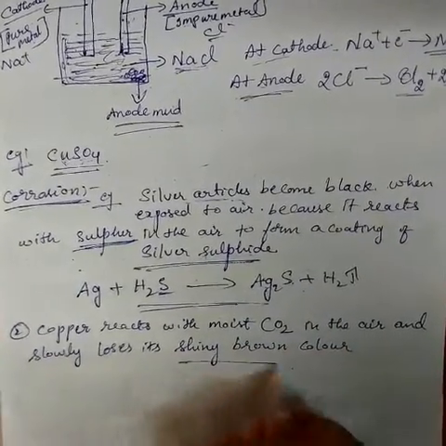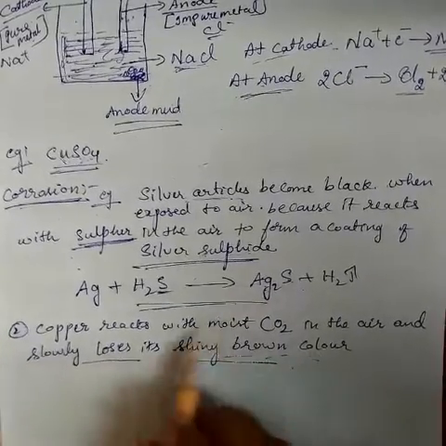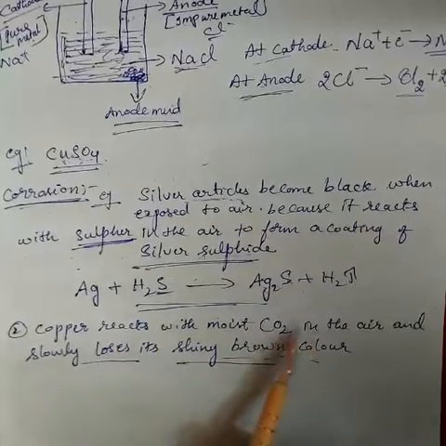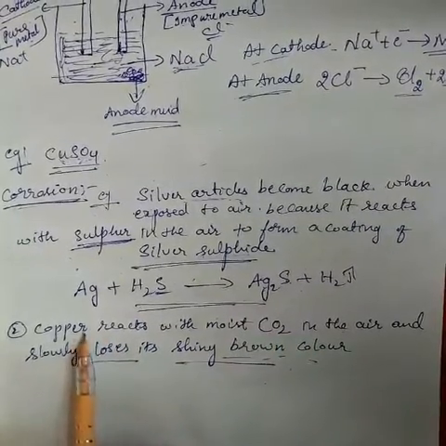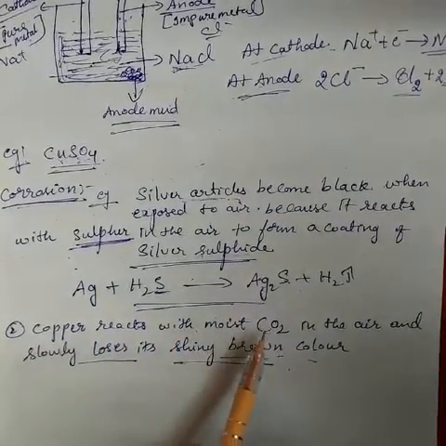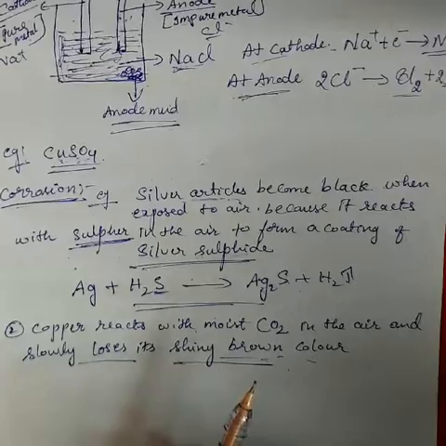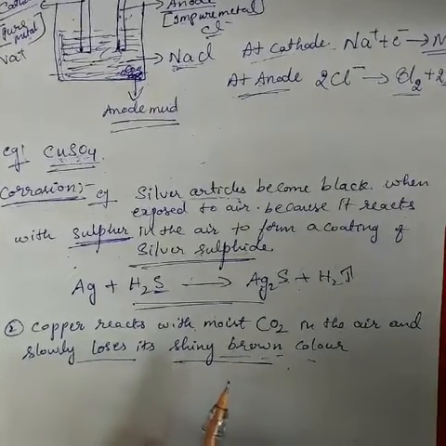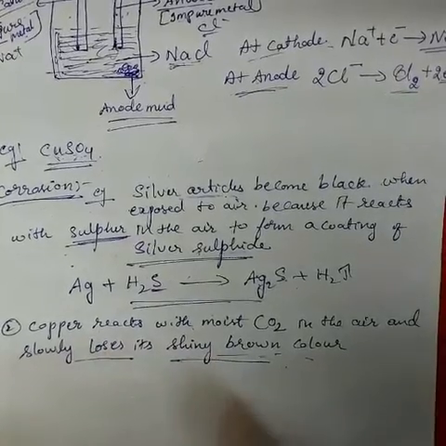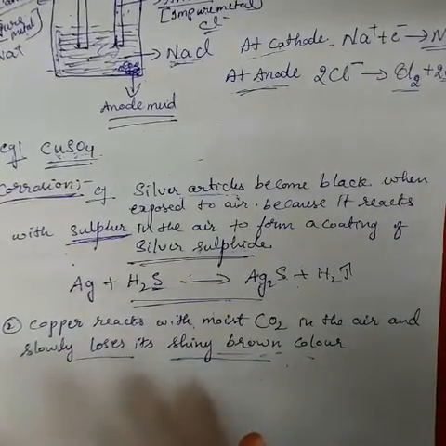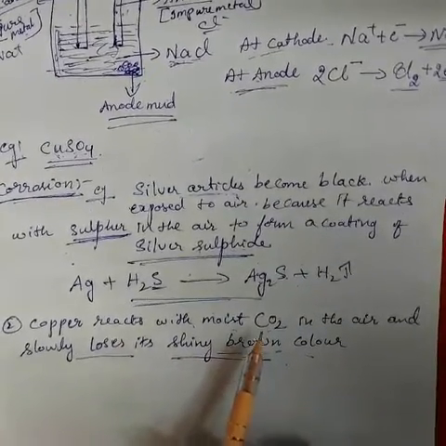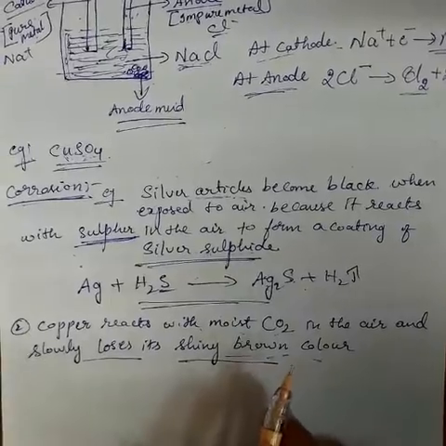Why does it lose its shiny brown color when exposed to carbon dioxide? Because copper is very shiny brown in color. When it reacts with moist carbon dioxide, it forms a green coat called copper carbonate. That's why a green coating appears on the surface of copper vessels after reacting with moist carbon dioxide.